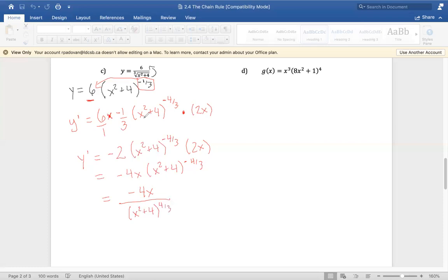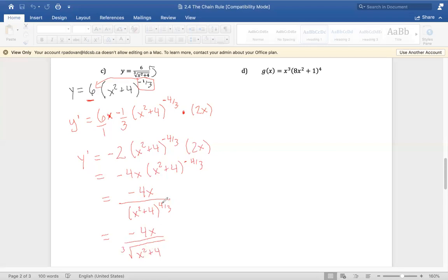But again, like we've also said, the original question had a radical sign. When I'm answering, and this is y prime all the way down, I want to change it back to a radical. So this would be a radical sign with x squared plus 4 underneath. And then what do we do when it's an exponent of 4/3? The denominator, if you remember from grade 11, the denominator is what's out in front, 3.